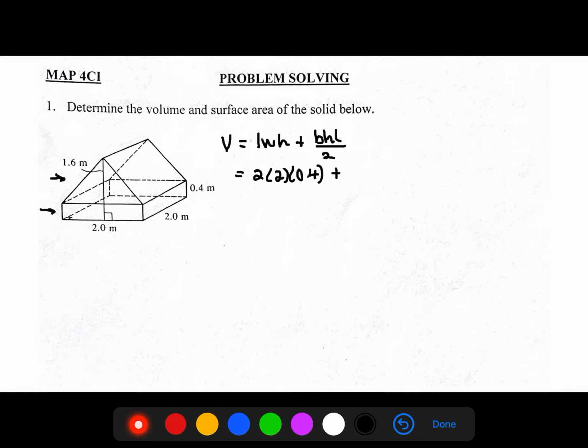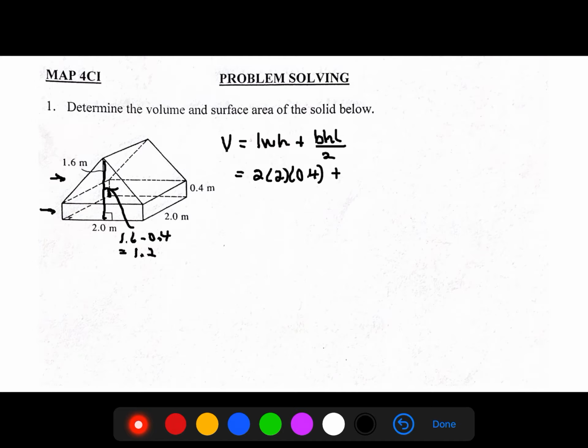And subbing in what we know here, we have our length times our width times our height, and our base times height times length divided by 2. Notice that this 1.6 is the entire height here.